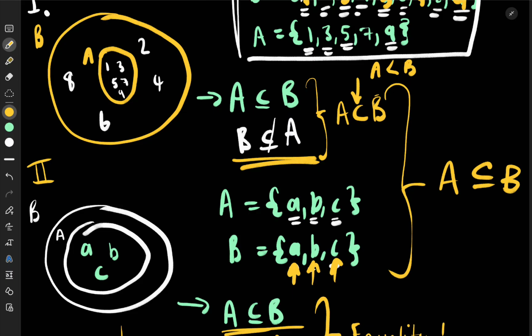A would be in B, but it has fewer things than B actually has. We write it just as a C to say A is a proper subset of B, to mean A is a subset of B, but B is not a subset of A. B has more things. It has everything that A has, but it has more. So it is not a subset of A, because if B was a subset of A, it would mean that everything in B is also in A. But this is not true. So we put the subset symbol, then we cancel it. It means it's not a subset. All right? That's it.